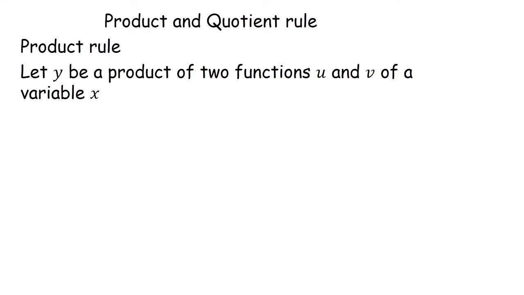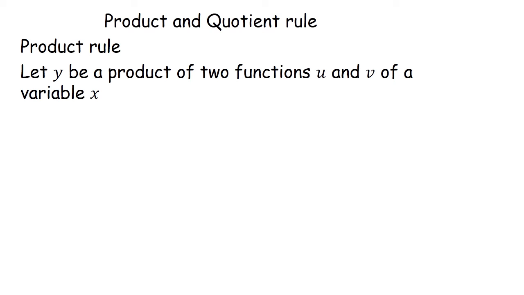That was to do with the chain rule. So we can briefly look at the product and quotient rules. The product rule is when we are multiplying two functions, u and v.